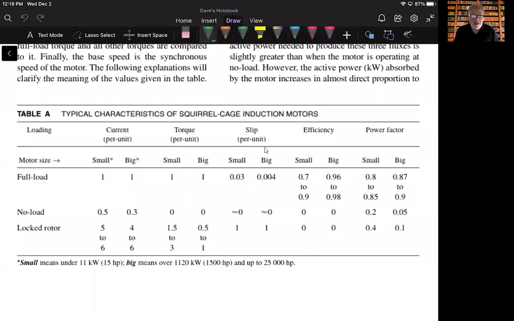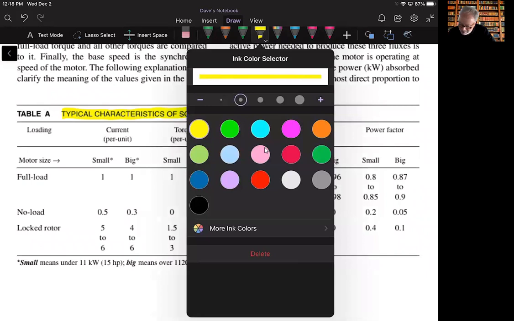So let me bring that up, and I think this will make more sense when we're looking at the table. Here's the table I was referencing. It's Table 13A in your textbook on page 276, titled Typical Characteristics of Squirrel Cage Induction Motors. As you can see, it's a pretty generalized look at this subject.